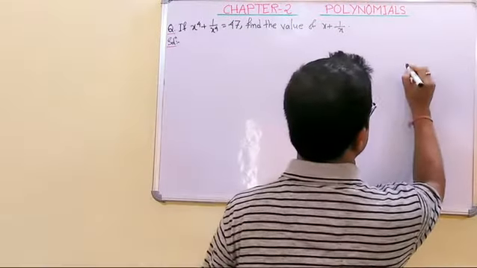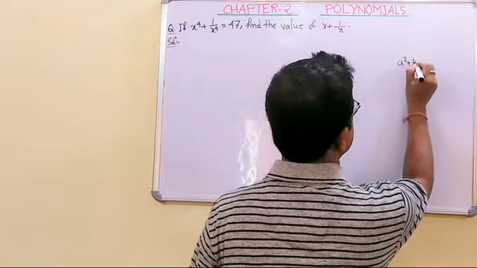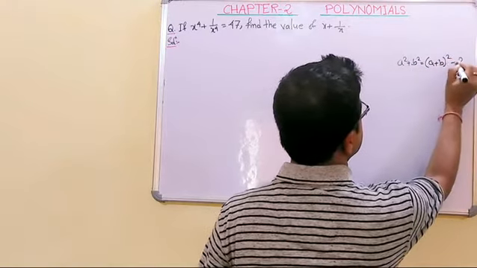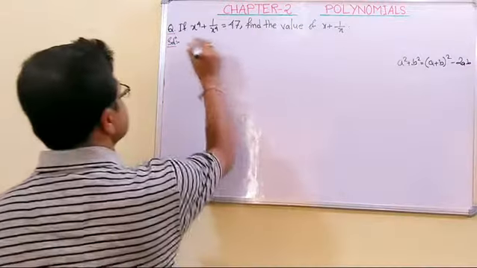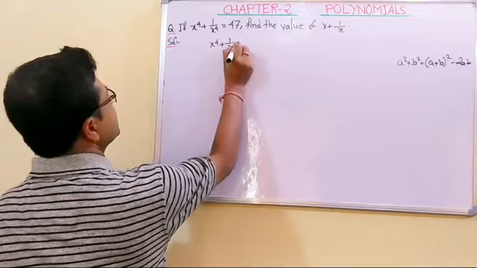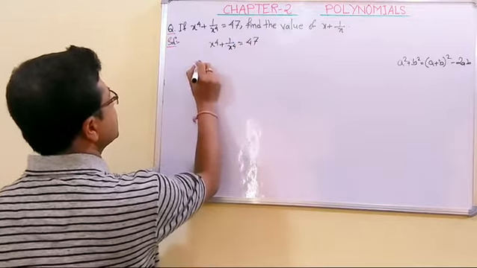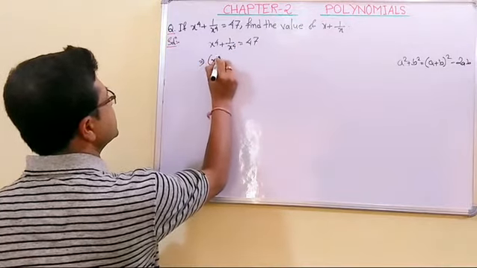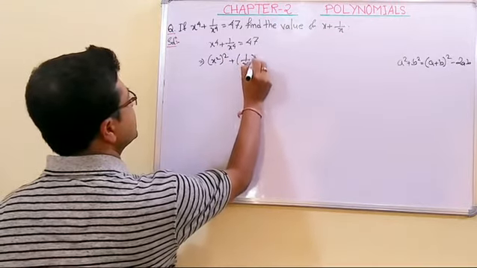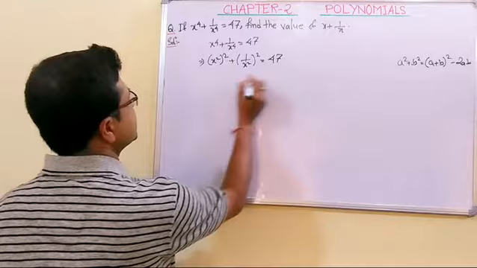Here we shall apply this formula only: a square plus b square equals (a plus b) whole square minus twice ab. So here what is given is equal to 47. Let us express it this way: (x square) whole square plus (1 by x square) whole square is 47.